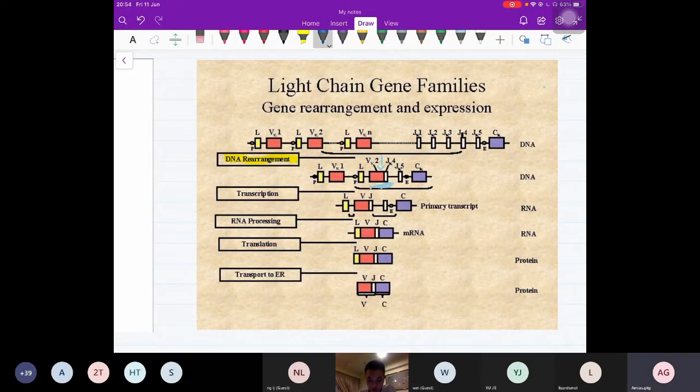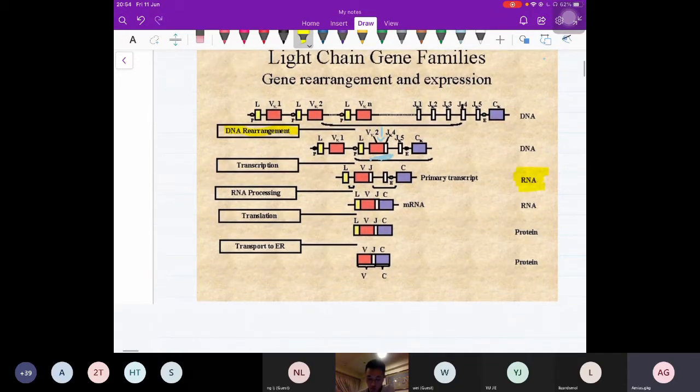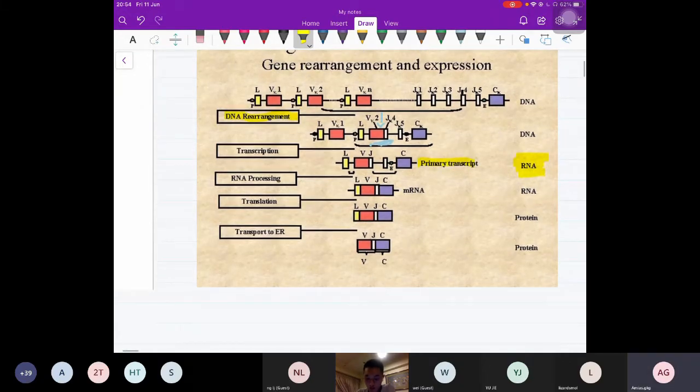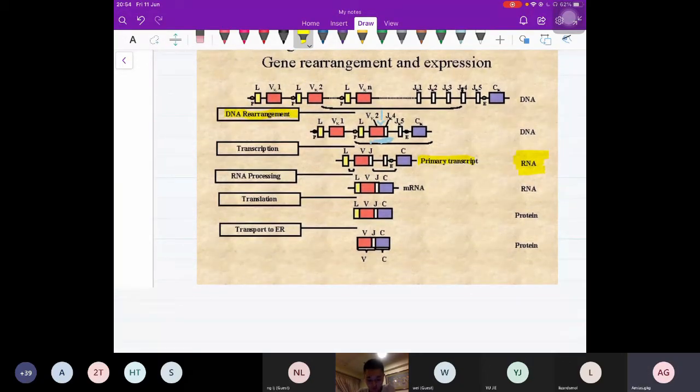After you get the VJ recombination, the exact same thing happens. You go through transcription, and now we're talking about the RNA level. You have your pre-mRNA, your primary transcript. Your primary transcript has to go through RNA processing, the specific term is RNA splicing. So now your VJ exon and your C exons are joined in your VJC.